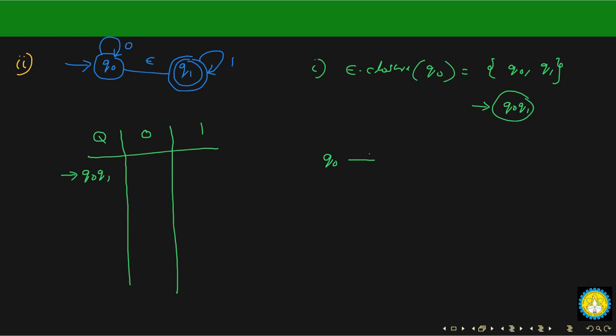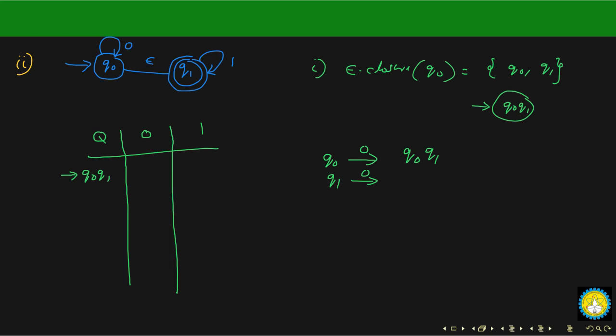For that, I should look at Q0 on 0 as well as Q1 on 0. Q0 on 0 gets me to Q0, as well as, look here, there is a path with 0 followed by epsilon, which gets me to Q1 as well. So Q0 on 0 will give you Q0 Q1.